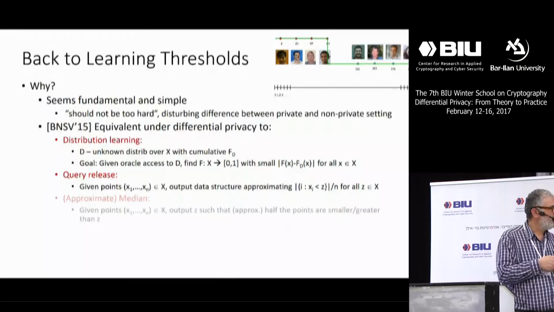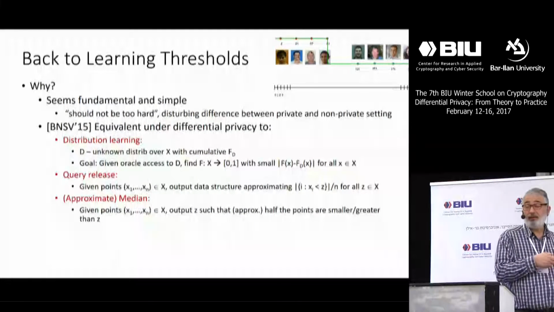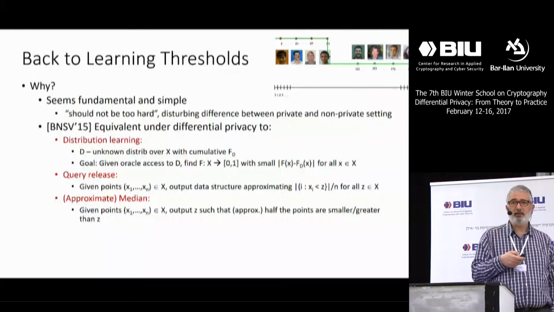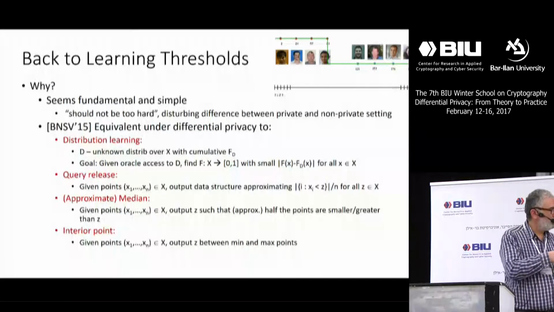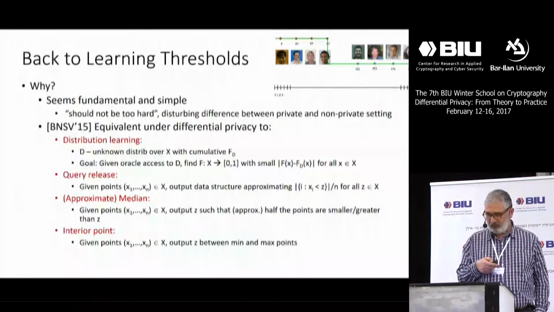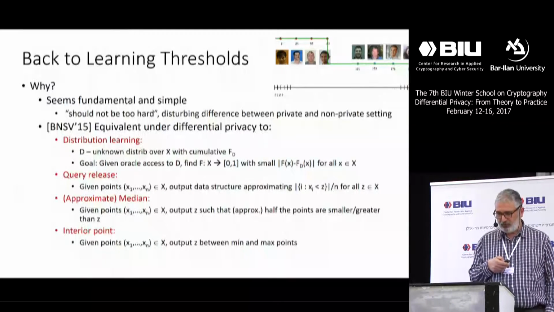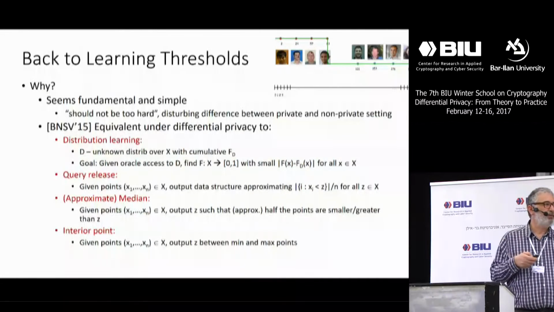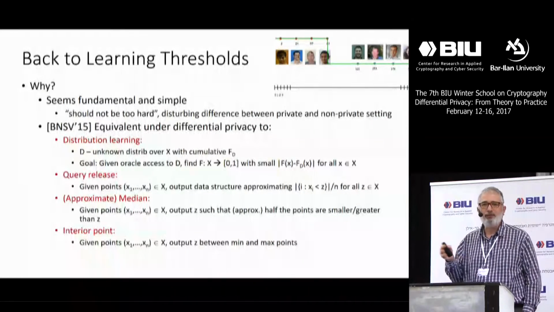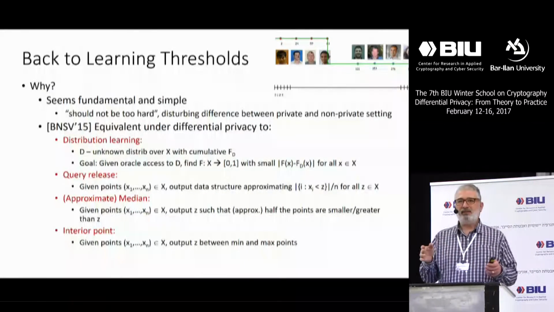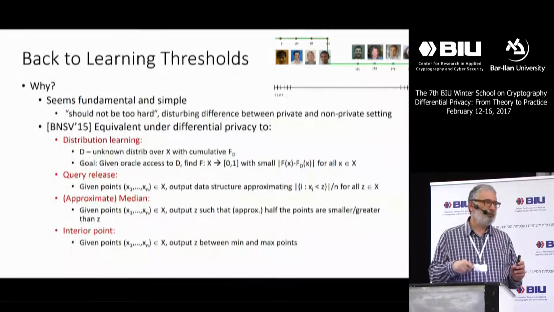Query list of threshold functions, computing the median that was in your exercise sheet, and this seemingly stupid problem of interior point, where you're given a collection of points and you just need to output something between the minimum and maximum. Without privacy, this is a totally uninteresting problem.